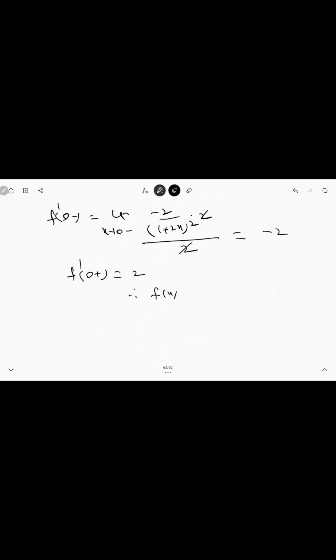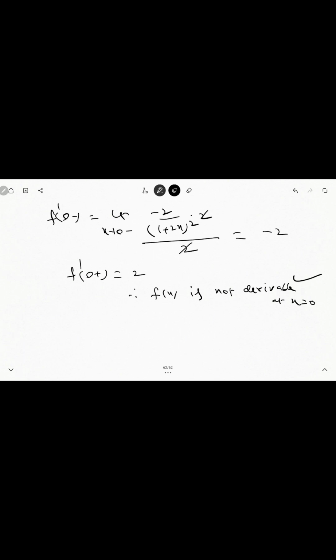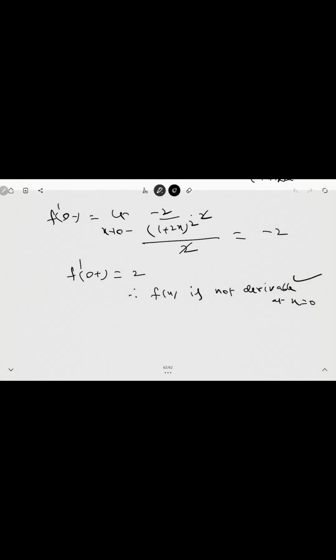Therefore, f of x is not derivable at x is equal to 0. It is the another option. This is also correct. So options A, B, C are correct. Option D, f is differentiable at x equal to 0, that is not correct.